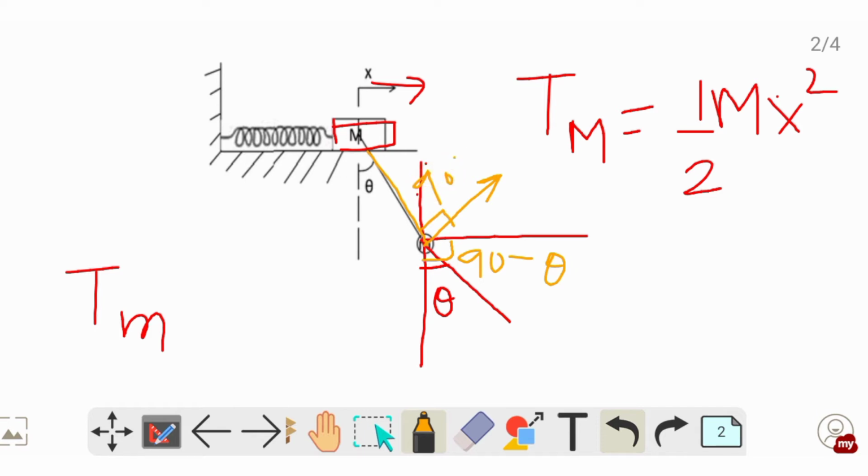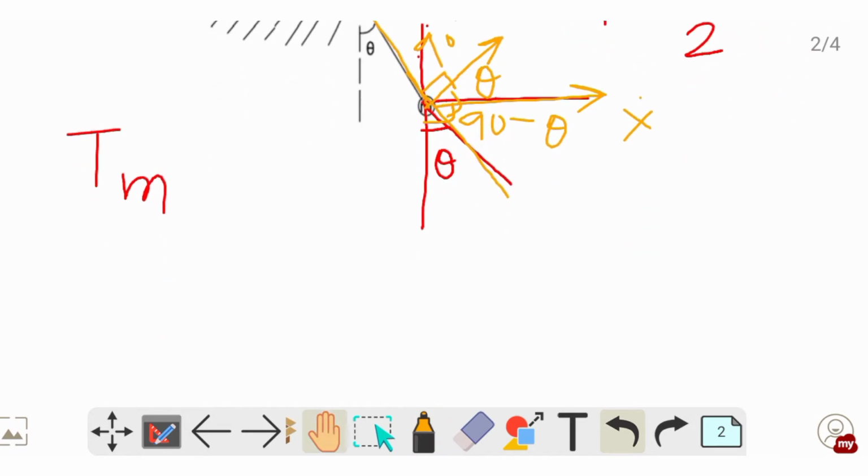If this is a straight line, this angle is also 90 degrees, that means this angle is theta. So the angle between x dot and the velocity of this pendulum is theta. So we have two vector quantities, one is x dot, one is the velocity of the pendulum, having the angle of theta.